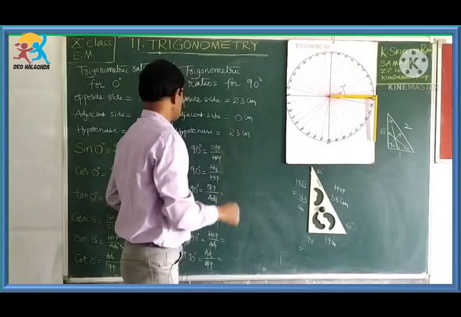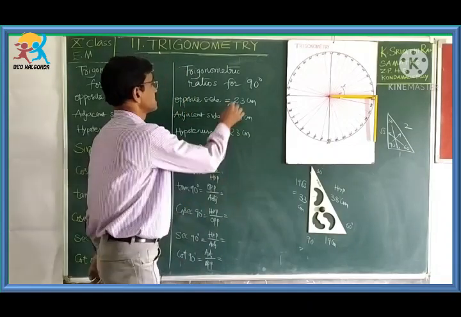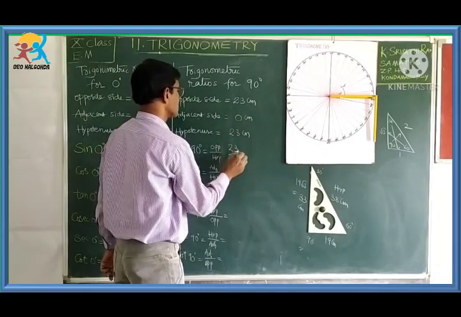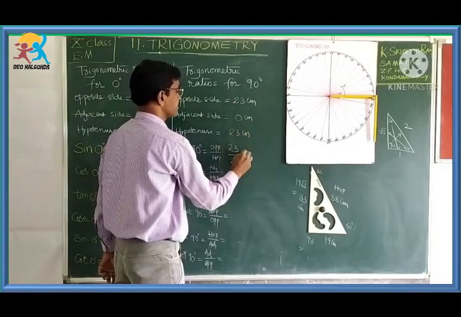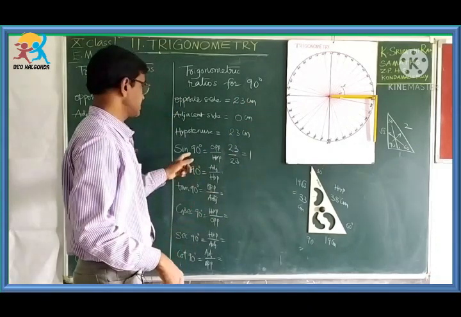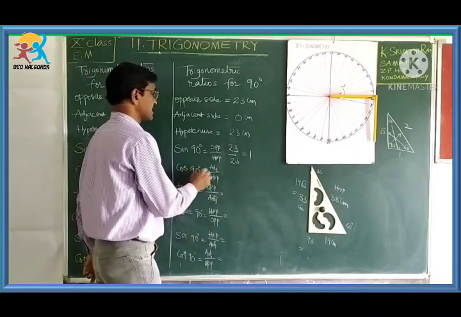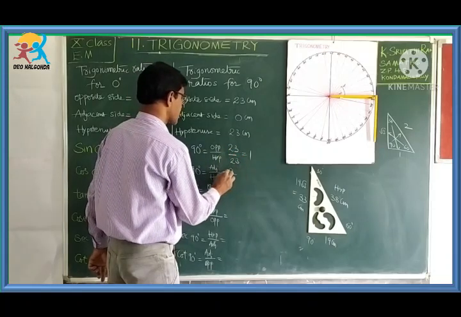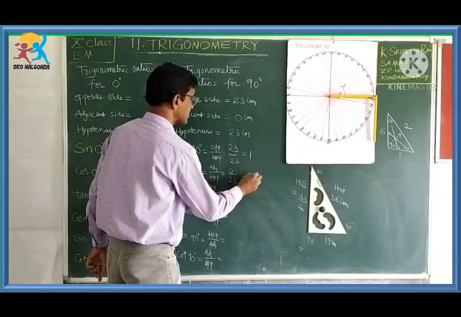Now let us find sin 90 from this. Opposite side by hypotenuse, 23 by 23, we get 1. So sin 90 is equal to 1. Cos 90 is the adjacent side by hypotenuse, 0 by 23, which is equal to 0.